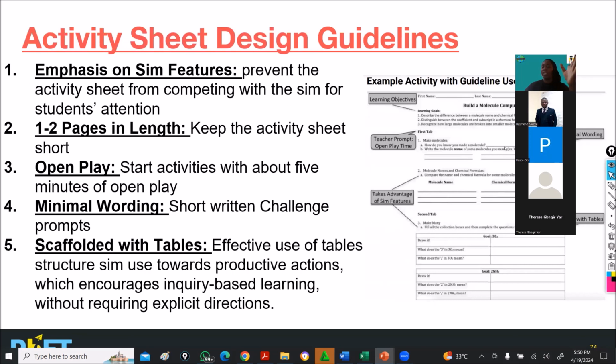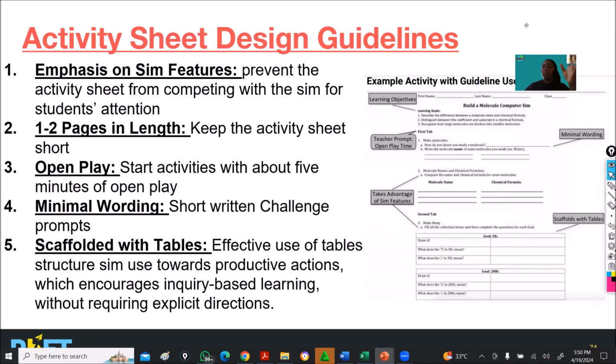Now, this is an example of an activity sheet with guideline use highlighted. You can see here, everything on your activity sheet should emphasize your sim. It should take the students' attention to the simulation, not too many wordings. Are you with me? Short challenge prompts.